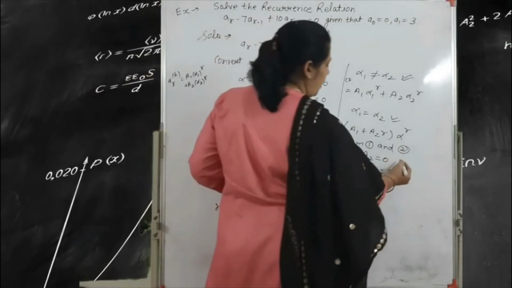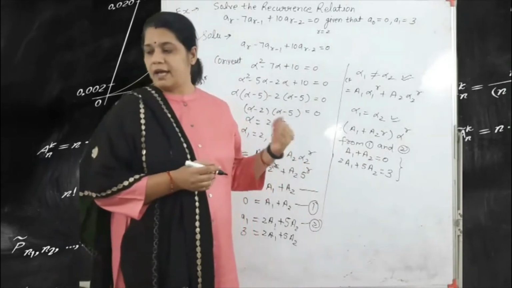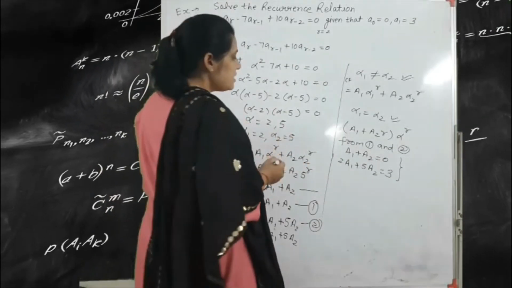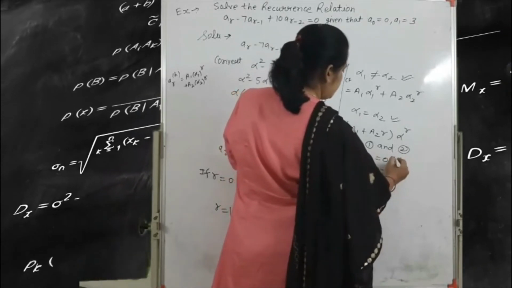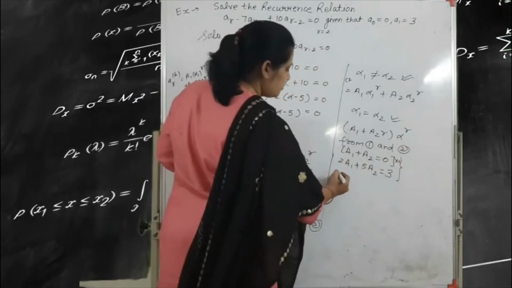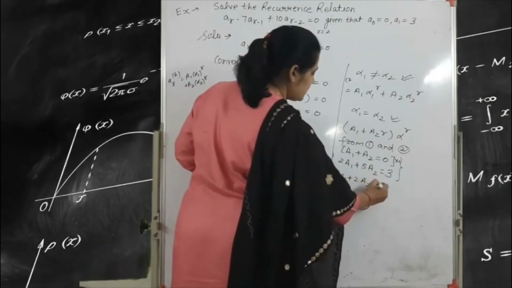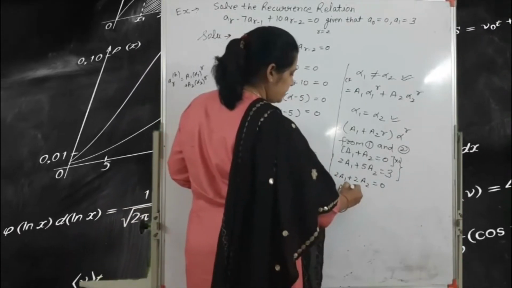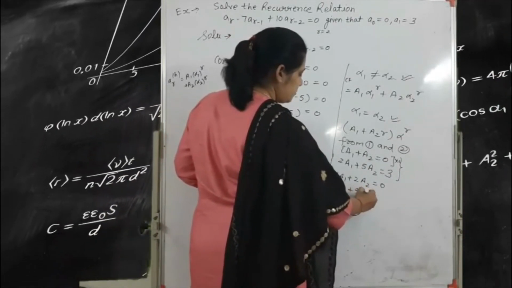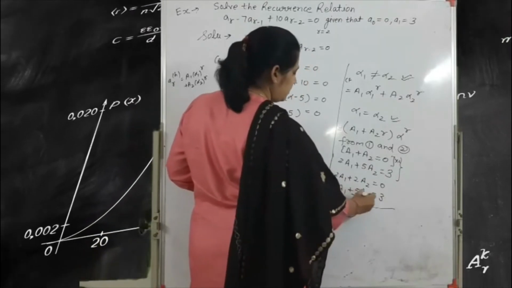Okay, so you solve both the equations and find the value of A1 and the value of A2. Here we multiply the first equation by 2. So 2A1 plus 2A2 is equal to 0. The second equation is 2A1 plus 5A2 is equal to 3. Subtract both the equations.